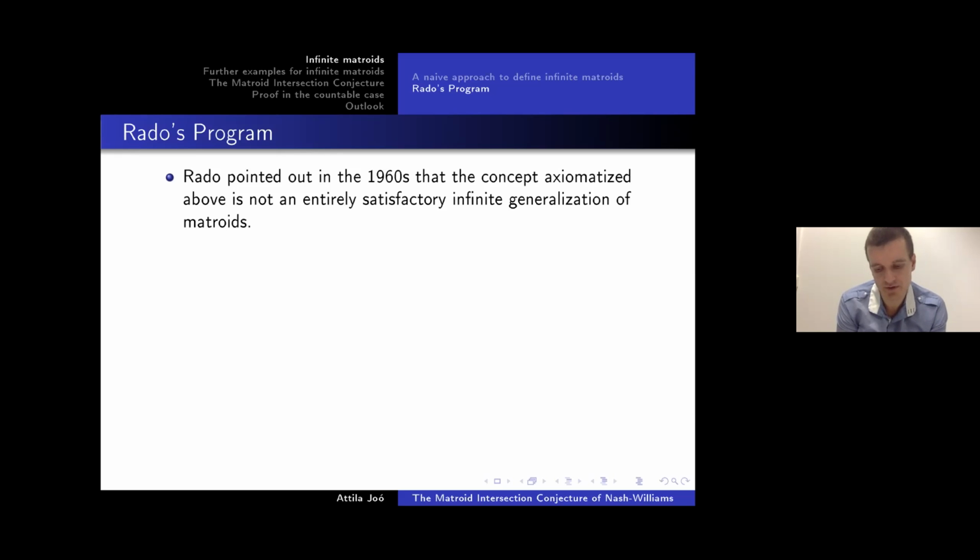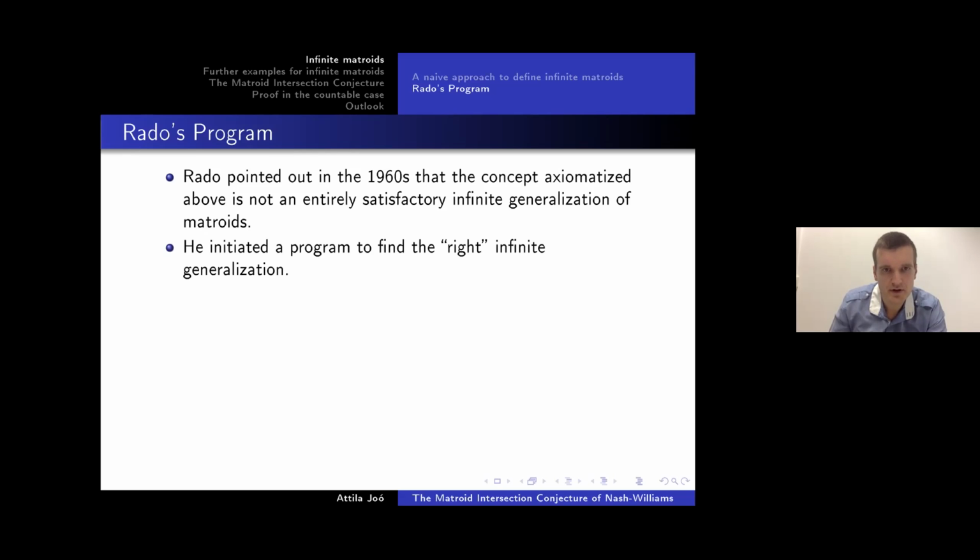One can see that if we take the subsets of the edge set that are disjoint from some base according to these matroids that we just axiomatized, then this doesn't usually form a matroid according to this definition. To fix this problem, Rado initiated a program to find the right infinite generalization of matroids.